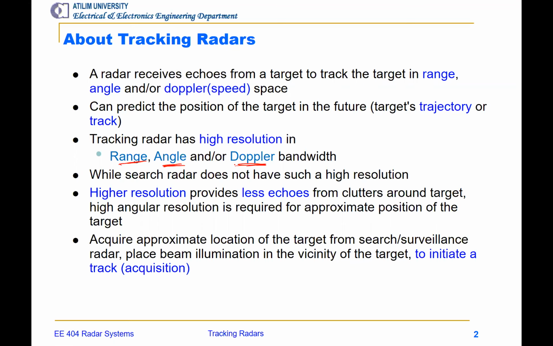And this high resolution might provide fewer echoes from the clutter around the target because we focus the energy. For example, in the angle case, we focus energy on a specific volume in space, which means that the echo signals from the objects around the target will not be captured, will not be visible to the radar.